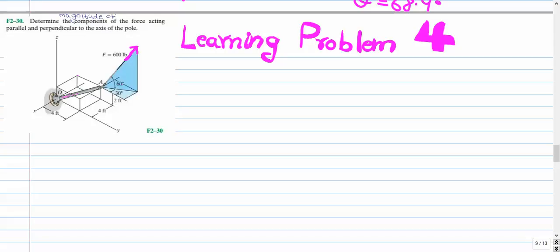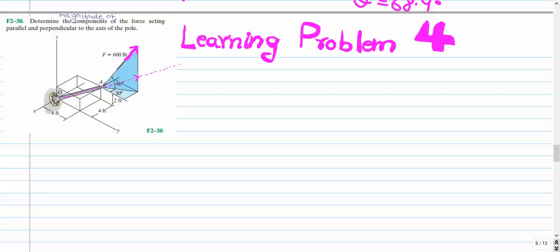This is the line OA, and you can consider this as an axis. So if I extend this line on the pole, they want one component for this force F to be parallel to the pole, so this is going to be one component, and they want the other component to be perpendicular to the pole.